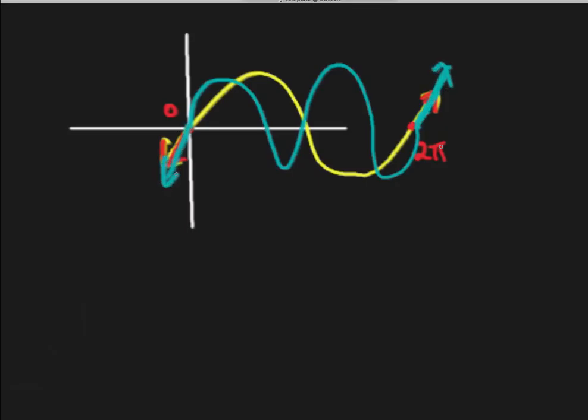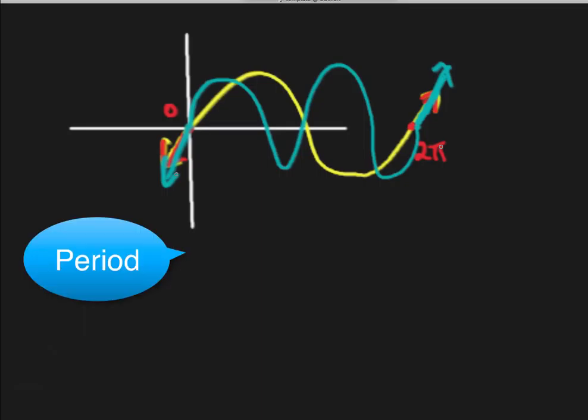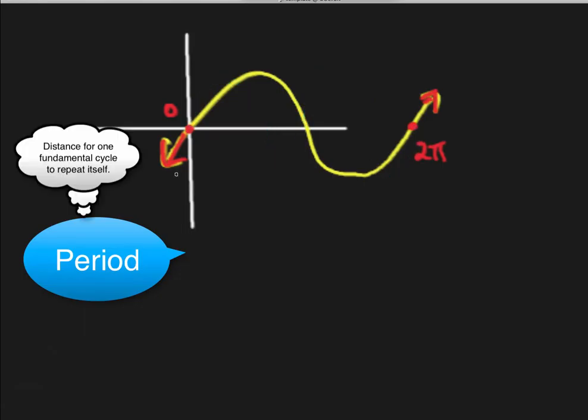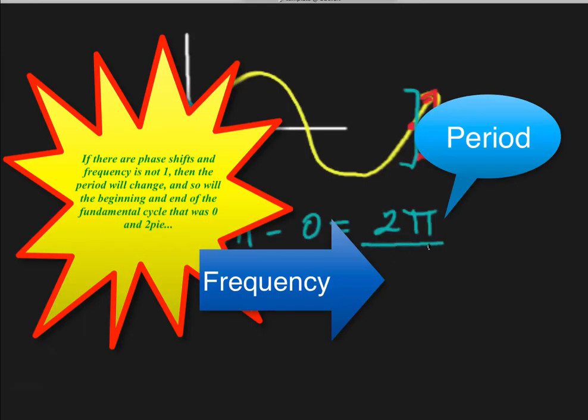And the period would be the distance between the beginning and the end. So in this case it would be 2 pi. Now, that's if the frequency is 1. The formula for period, if you remember from the previous page, is that.